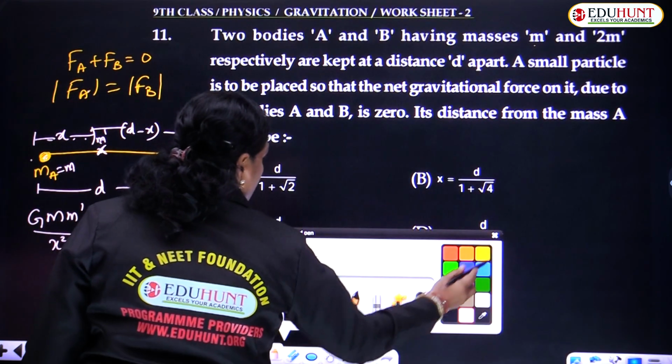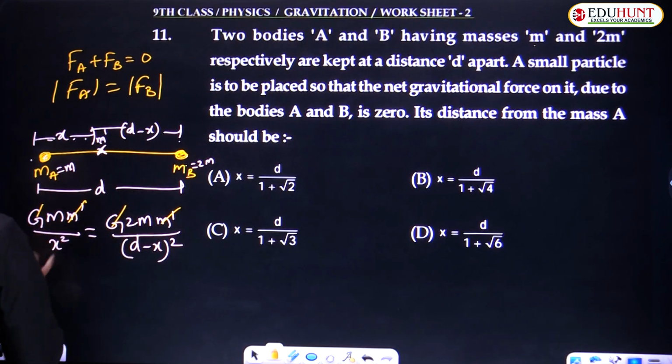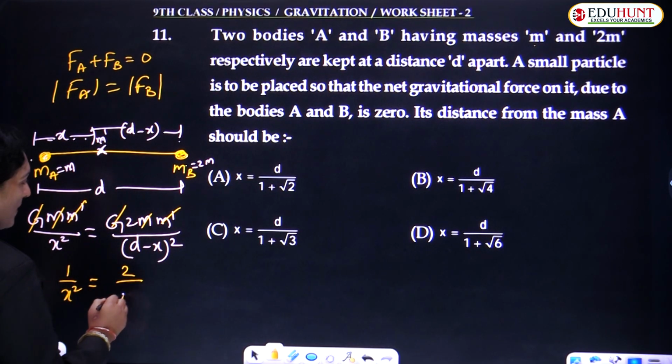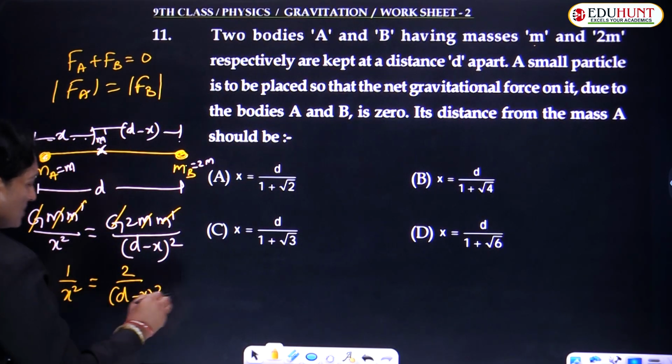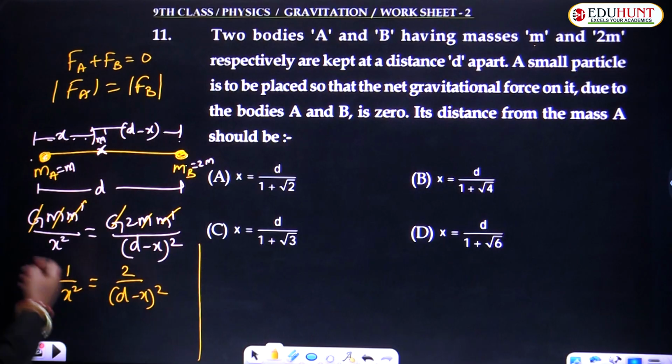Simplifying further, m dash gets cancelled, G gets cancelled, m also gets cancelled. What are you left with here, children? 1 by x square equals 2 by d minus x whole square. That's it, all the values get cancelled.